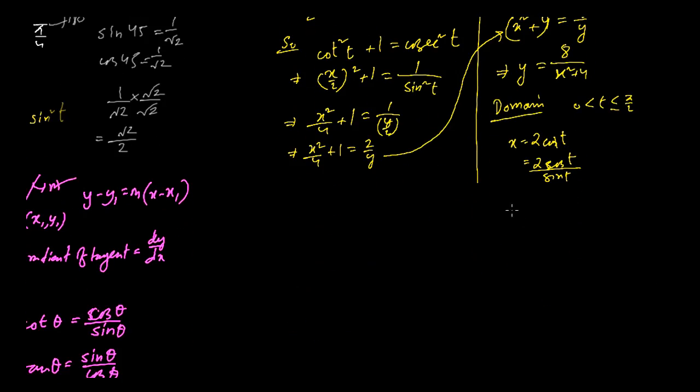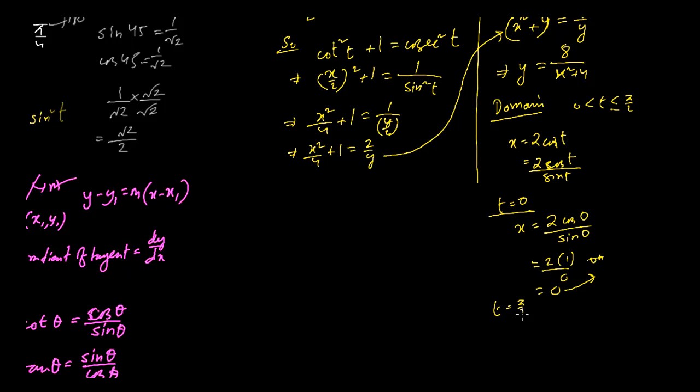So if you put the value of t equal to 0, x becomes 2 cos 0 divided by sin 0. So cos 0 is 1, sin 0 is 0. Nothing can be divided by 0. This is undefined or cannot be determined. So this is one value.